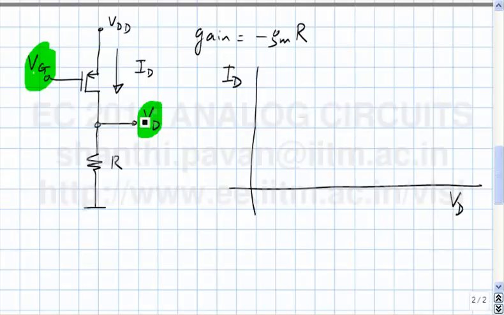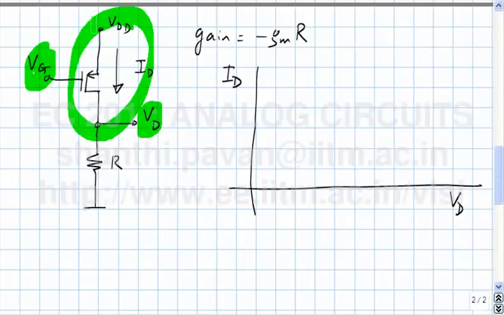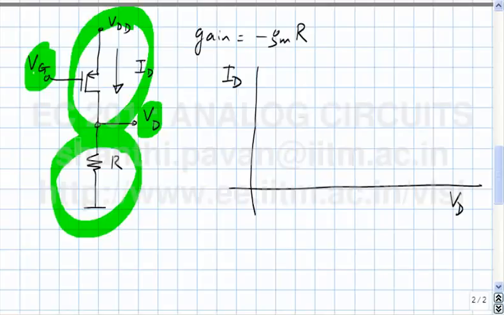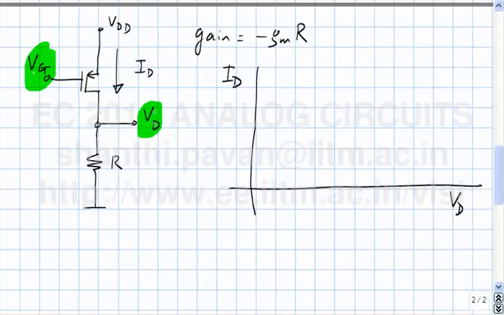We recognize the fact that the current through the load resistor is also I_D. If I plot the output characteristic of this transistor and the IV characteristic of this resistor, the point where the two intersect should give the operating point. You can see that the argument is quite trivial.